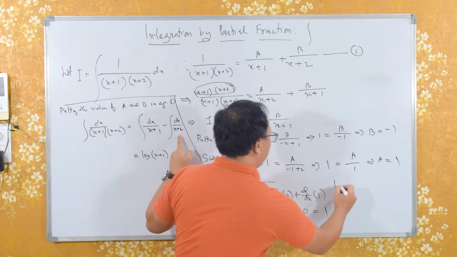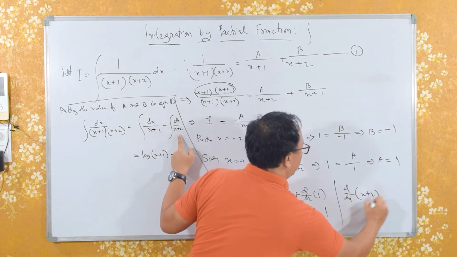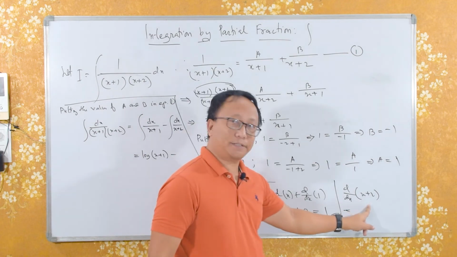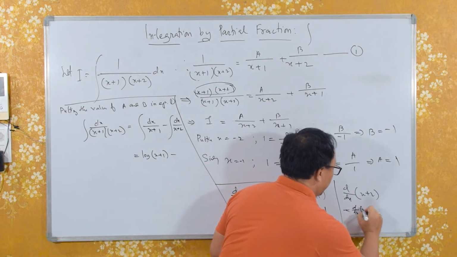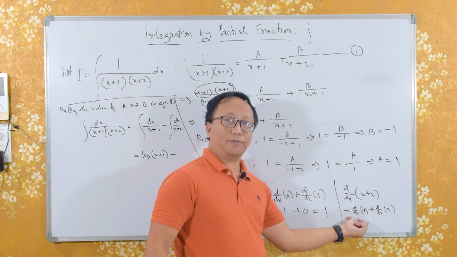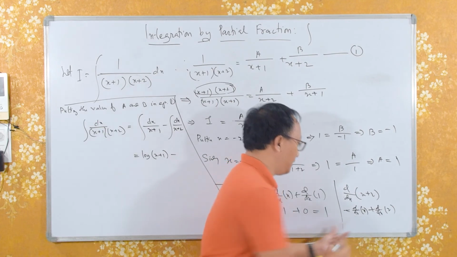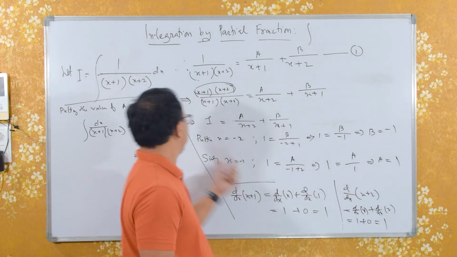Similarly, let's check over here, d by dx of x plus 2 is d by dx of x plus d by dx of 2. So d by dx of x is 1, and 1 plus 0 is equal to 1. Same.